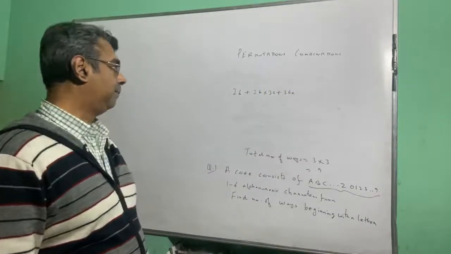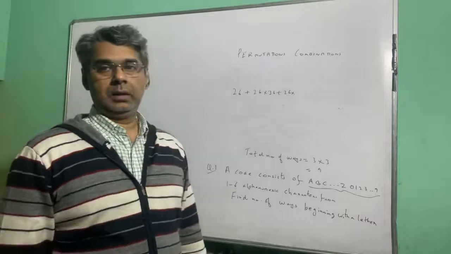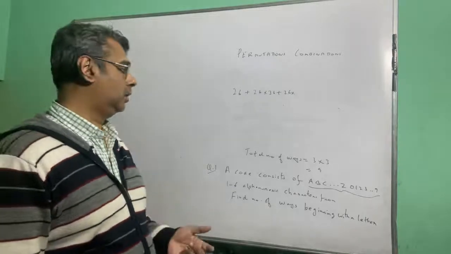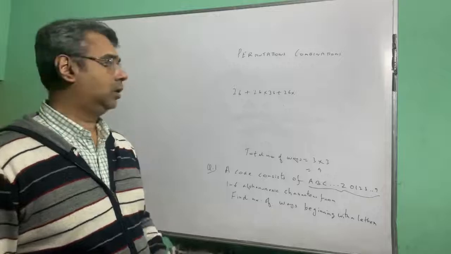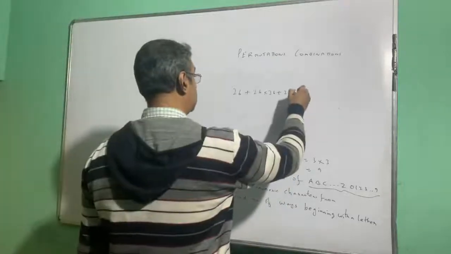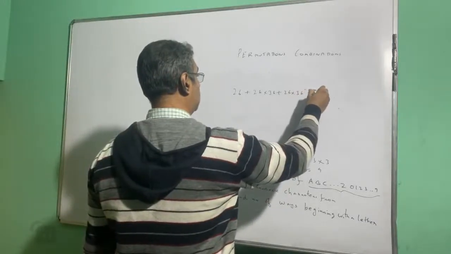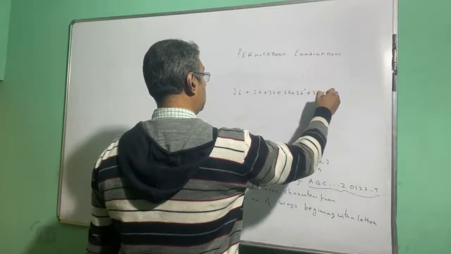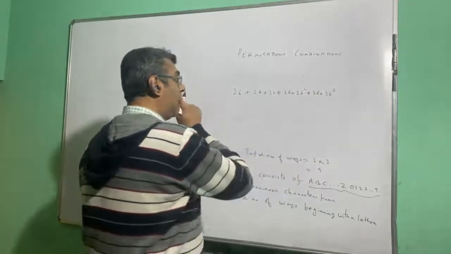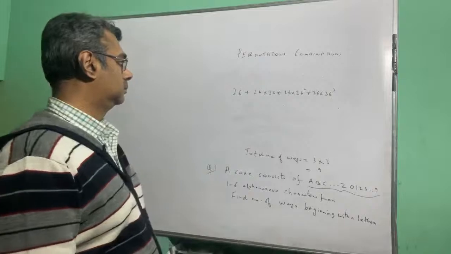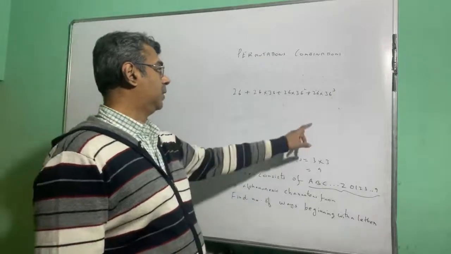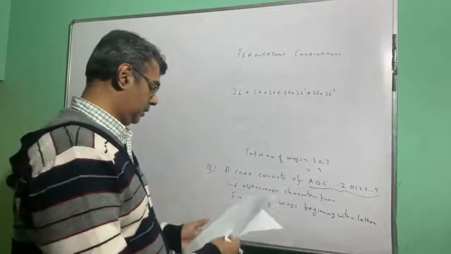The third one: if there are three characters, the third one again can be either a letter or a number. So 26 into 36 squared, and then 26 into 36 cube.